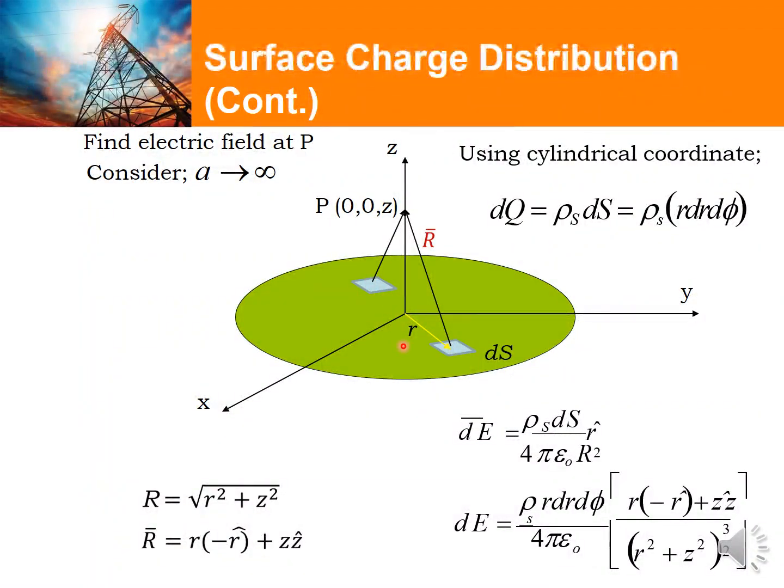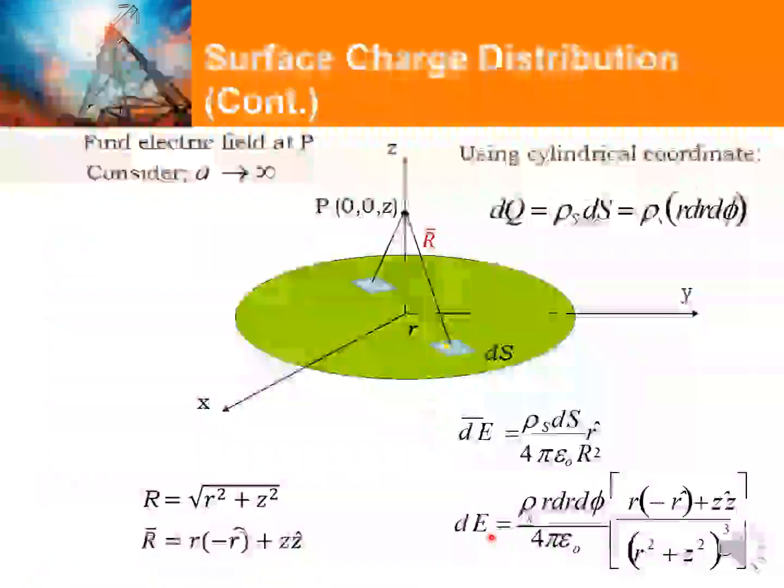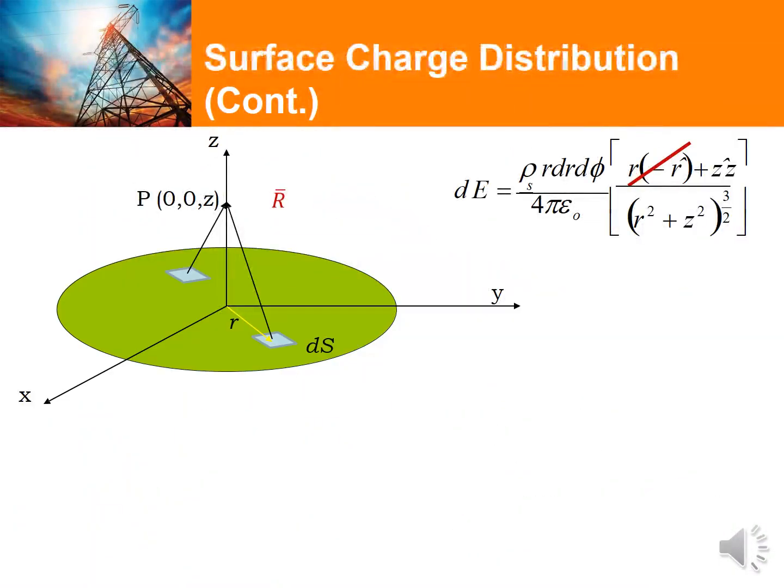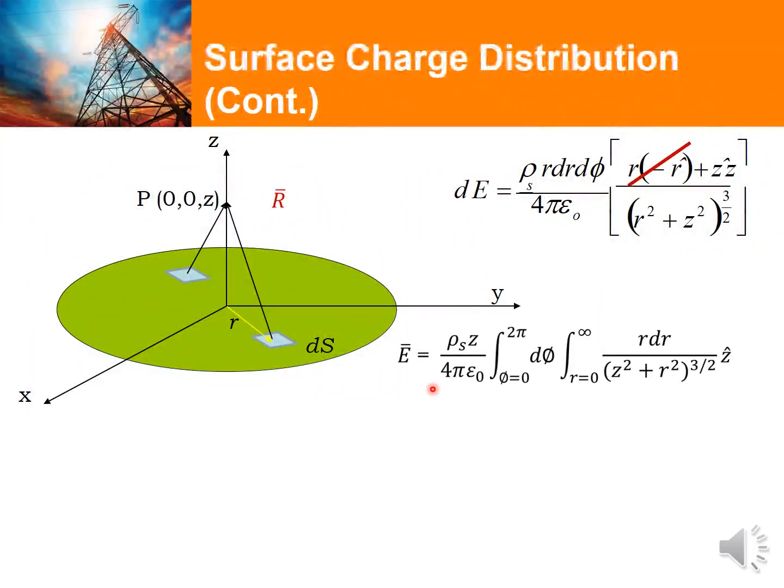So eventually, due to symmetrical conditions, the components in the negative r unit vector would be cancelled out. Having said that, if we are to solve the integration of dE, we would end up with this mathematical relation.